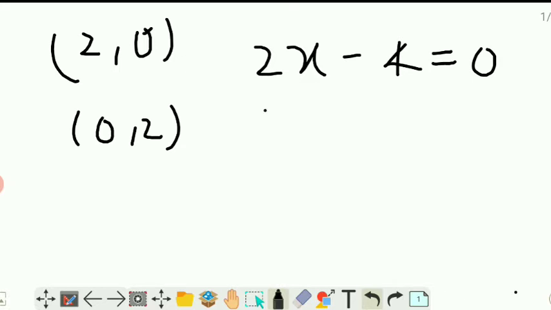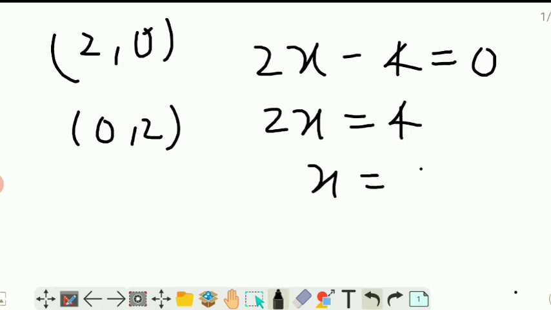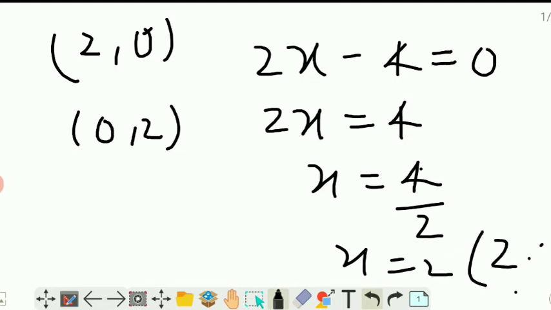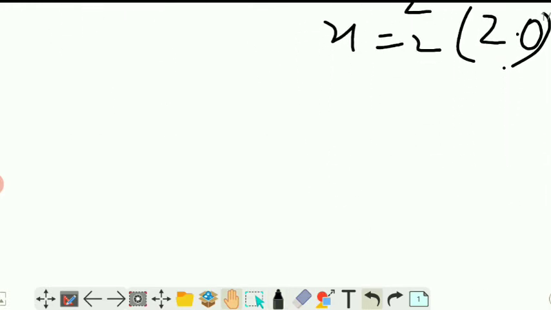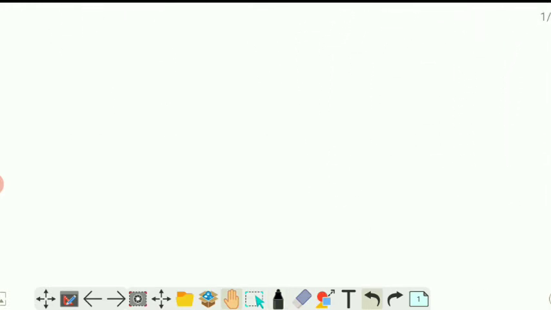So when we transpose, 2x is equal to 4 and x is equal to 4 upon 2, that's why x is equal to 2. So the coordinate is (2, 0). Now we need to represent (2, 0) on the graph. So first we will draw a graph.